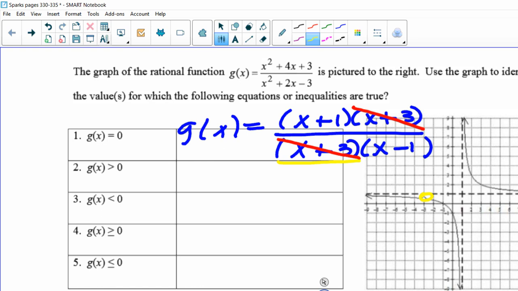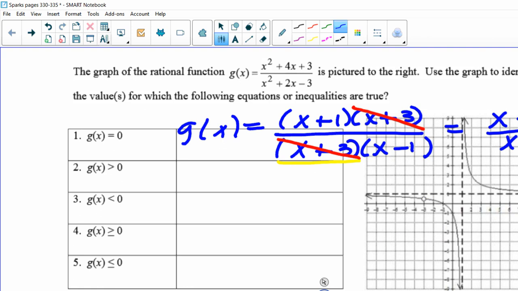I plug it into whatever I have left. If I let x equal -3, what's -3 plus 1? What's -3 minus 1? Positive 1/2. So the coordinates of your hole are where your hole is.